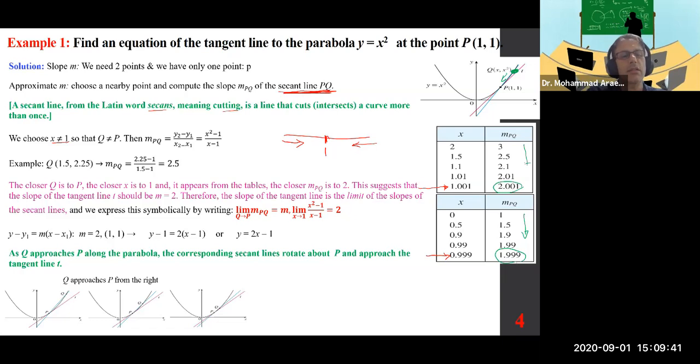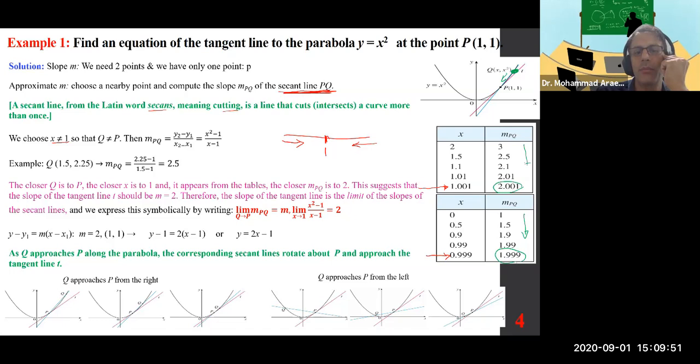So take a look at these graphs. Q approaches P from the right. Q approaches P from the left. Okay. And that's the idea behind a tangent line. We try to get there from both sides.